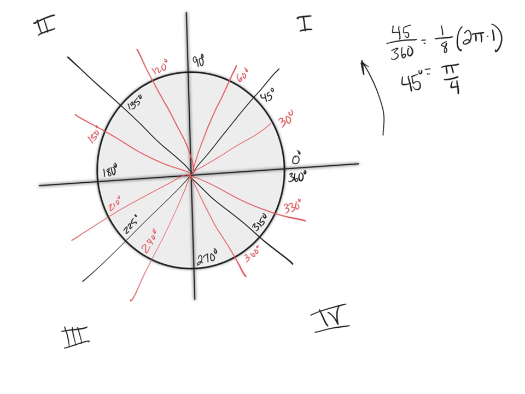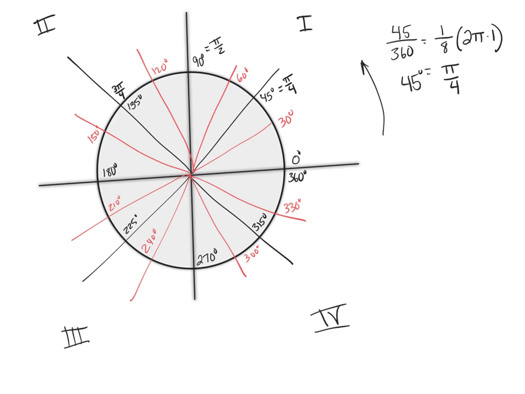So for every 45 degrees, let's count off 1/4 of pi. So up here at 45 degrees, that's 1/4 pi. Another 45 degrees would be 2/4 pi, and that reduces to pi over 2. Then we're going to have 3/4 pi.